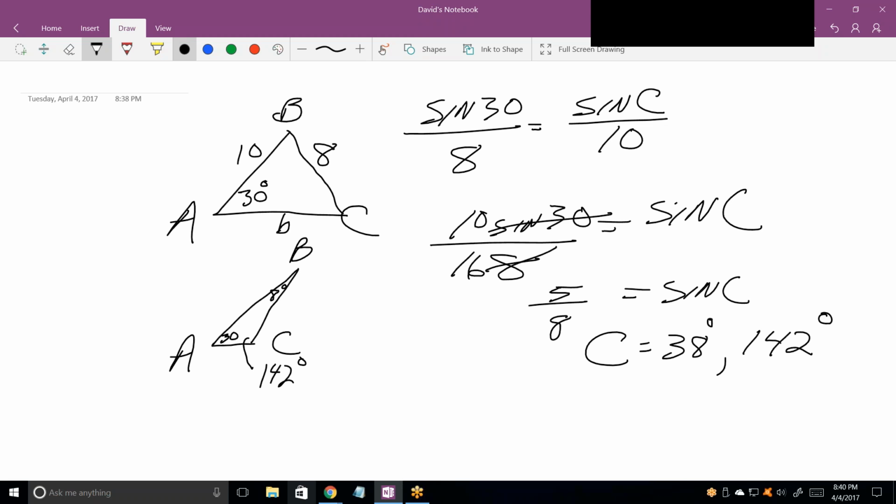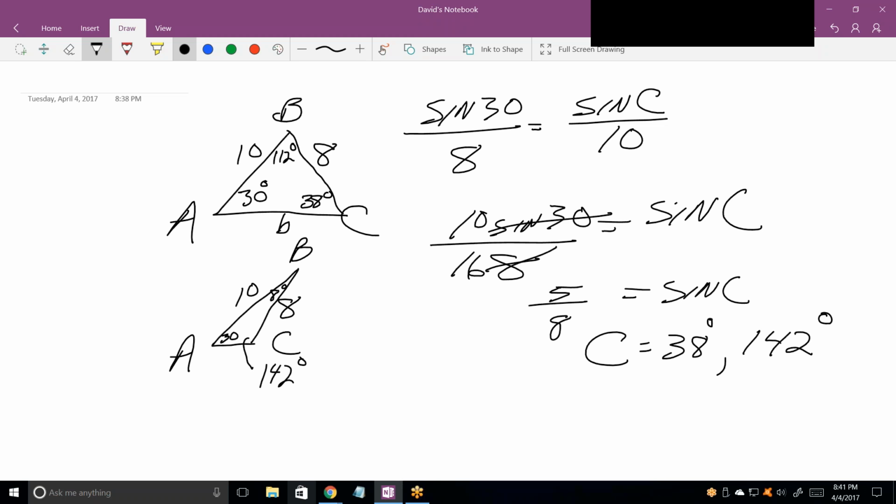And this triangle up here is 38 degrees there. That's 68, so 112 is that angle. Now, notice what both of these things have in common. They still have a 30-degree angle. That's still 10. That's still 8.